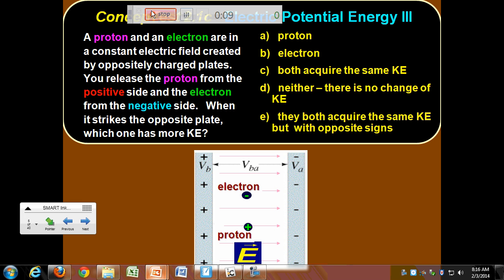Proton, electron, the same, or neither? I'll stop at 1 minute.